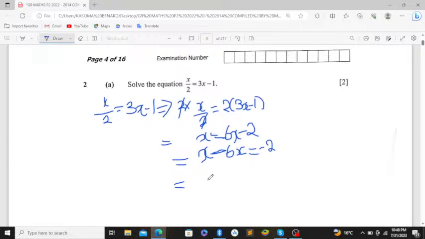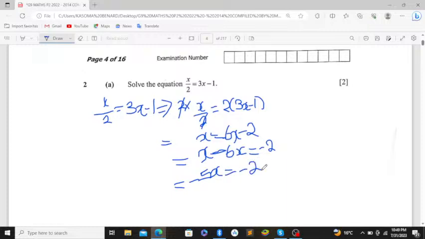So 6 is bigger, and the sign of 6 is negative, so I'm going to write negative. Then what is the difference of 1x and 6x? It is 5x. You can even say, what is the difference of the coefficients 1 and 6? It's 5. Then you write the variables.